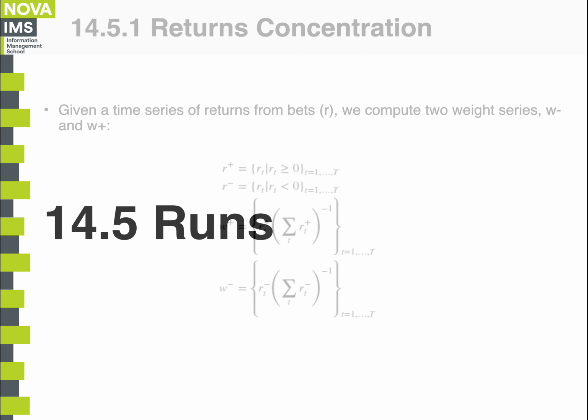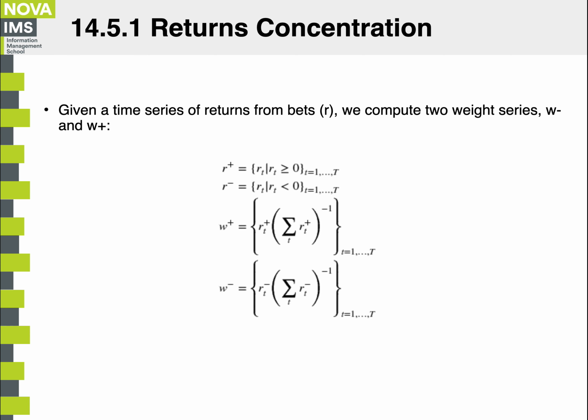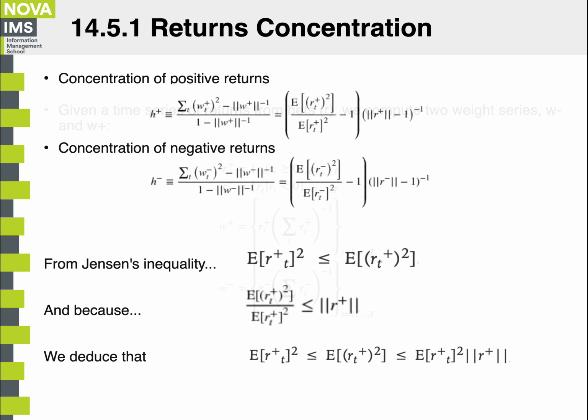Runs. Investment. Given a time series of returns from bets, we compute two weight series, w- and w+. Inspired by the Herfindahl-Hirschman index, for w+ bigger than 1, we define the concentration of positive returns as h+ and the equivalent for concentration of negative returns as h-.